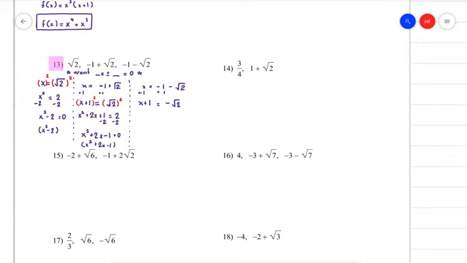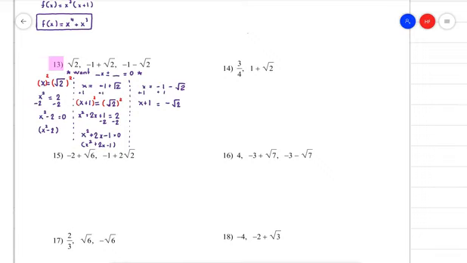And then we see that we're left with a negative square root of 2. So whenever we square something that's negative, we're left with something positive, right? So if I take negative 1 and I square it, that's negative 1 times itself, which would be a positive 1, because a negative times a negative is a positive.